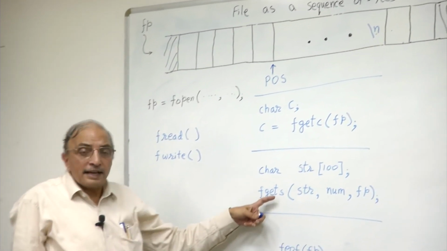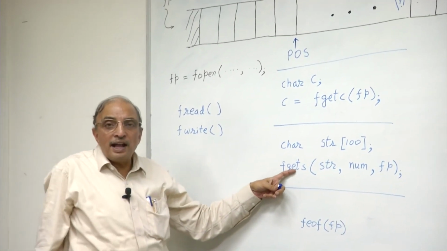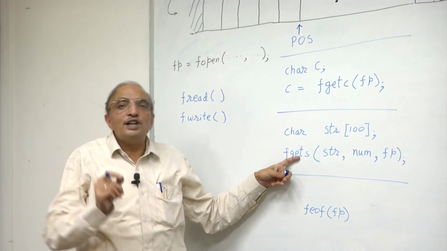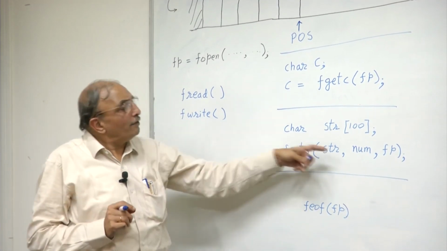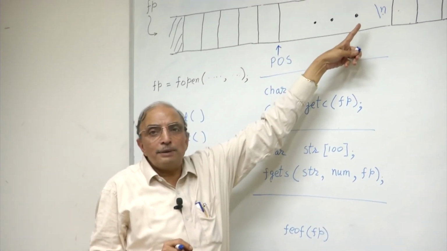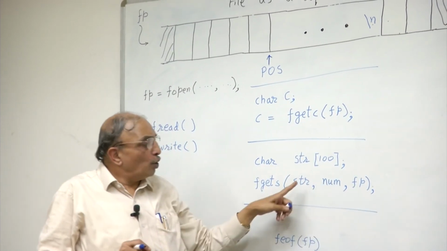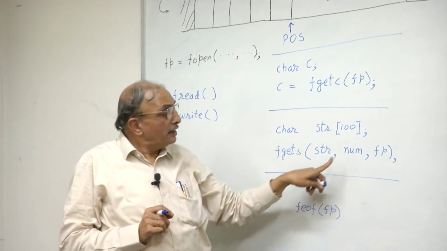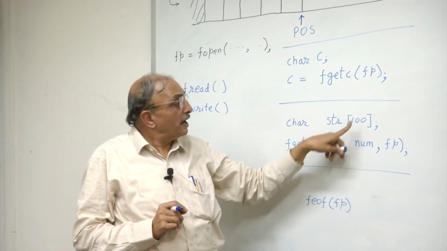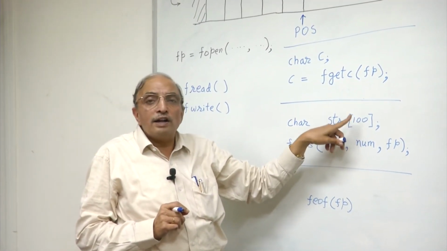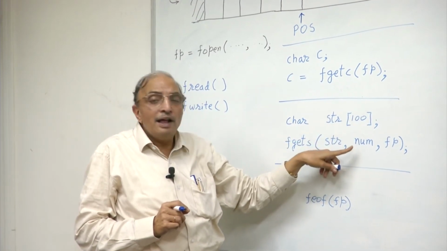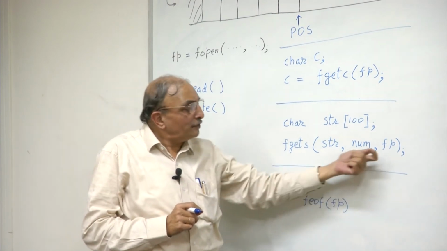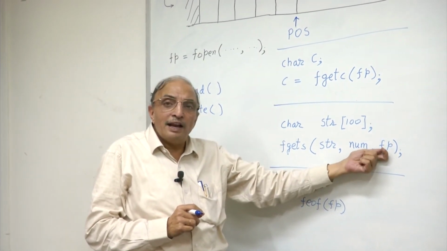The fgets, since it behaves like gets, actually stops reading whenever it encounters a new line character. So it would have read only 23 characters up to that point. It will then transfer only 23 characters to the string array, even if the num specified is, let us say, 50 or 100 or 90, of course it cannot be 100 for a different reason.